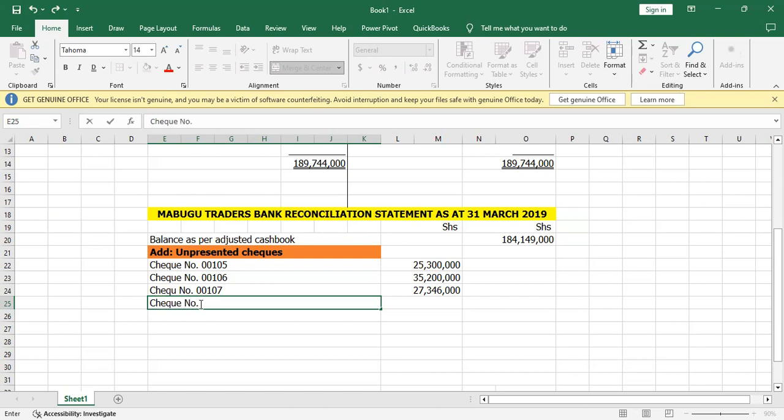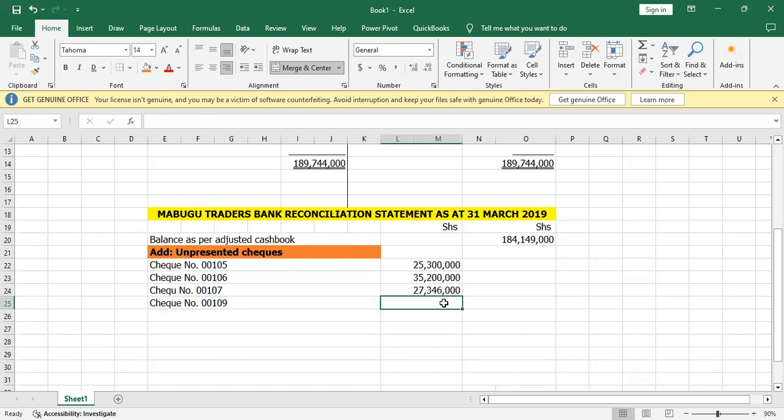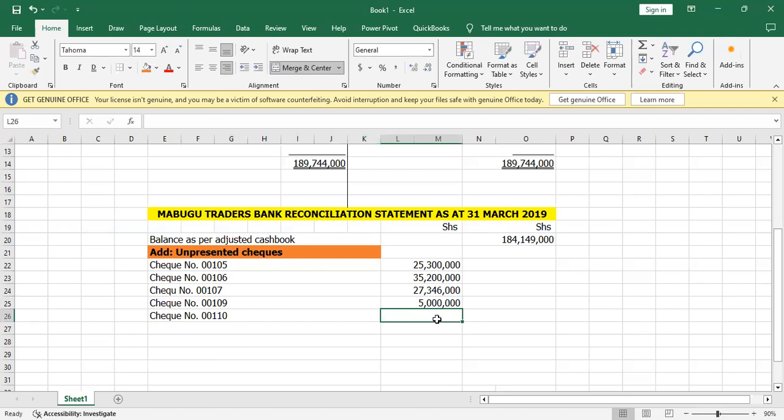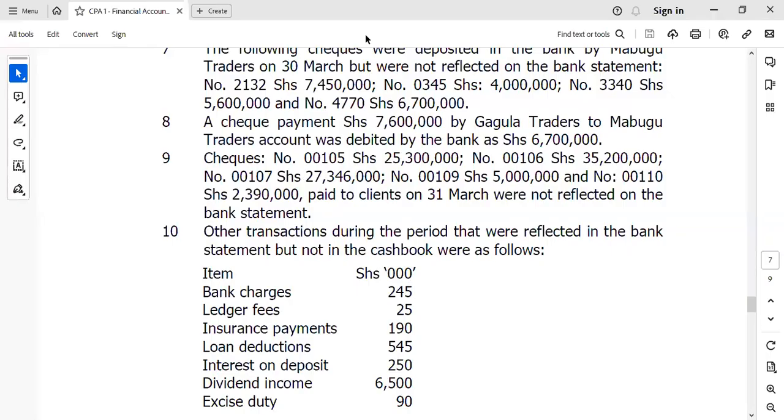Then the last check is check number 0010, which is 2,390,000.